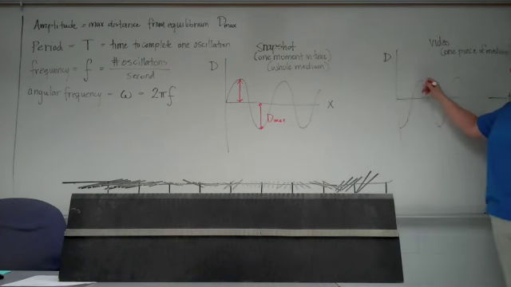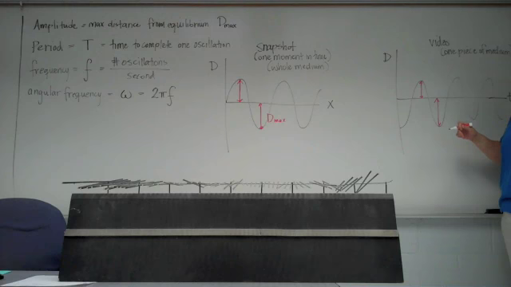And that is the case either way. And I'm sorry I didn't draw these exactly perfect. It should go up the same height it goes down. So we can get amplitude off the graph.